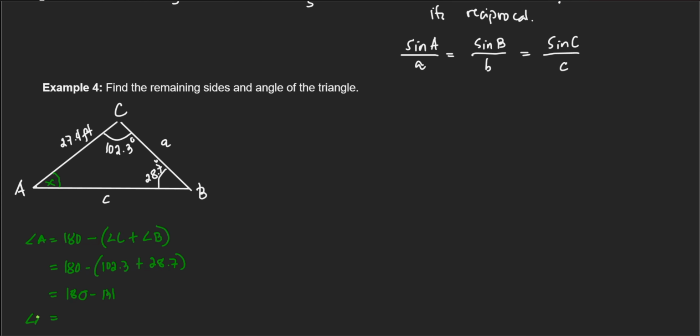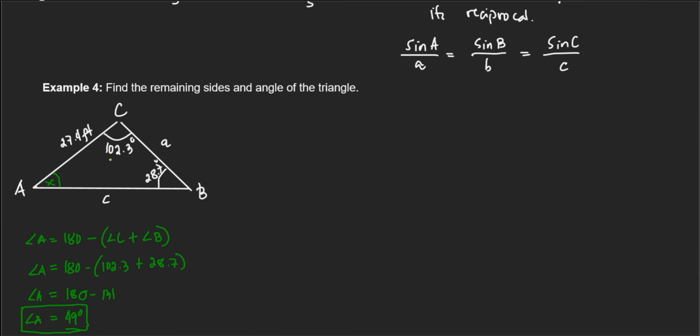So para ma-identify si angle A, i-subtract mo lang si 131 kay 180. So 180 minus 131, that is 49 degree. Okay? To check if your solution is correct, you can just add this angle together with 102.3 at saka 28.7.